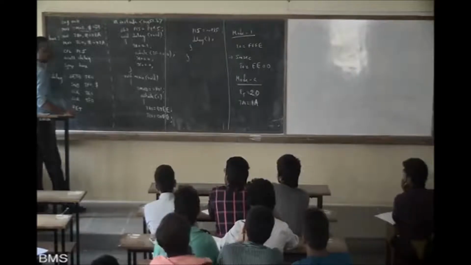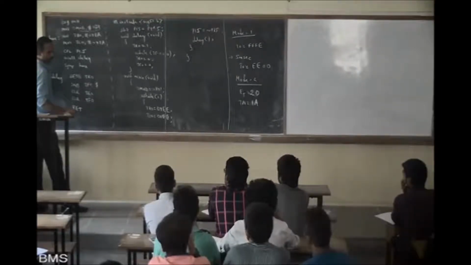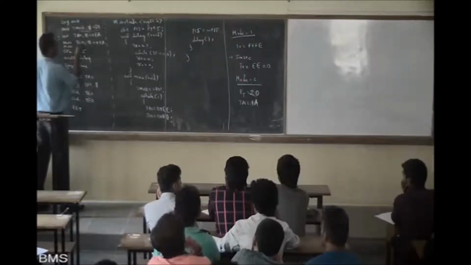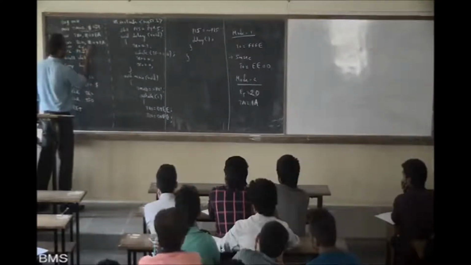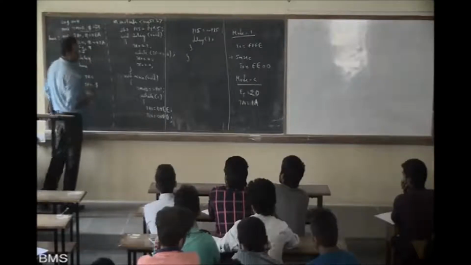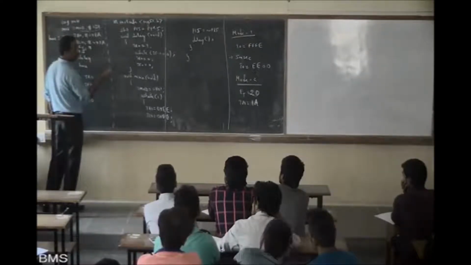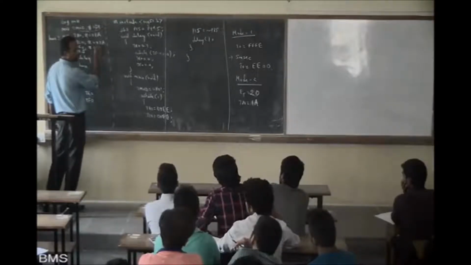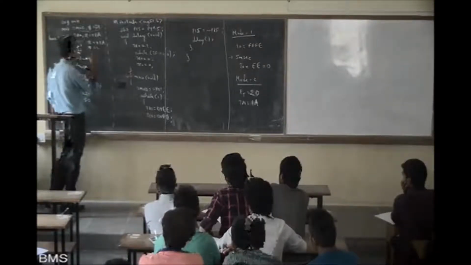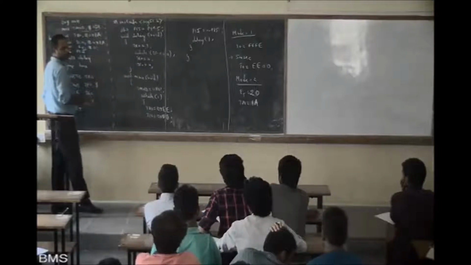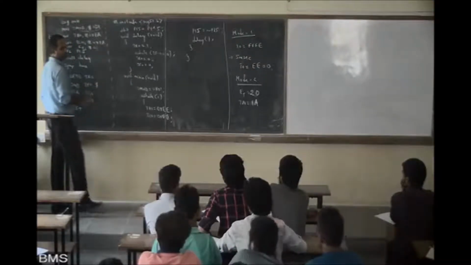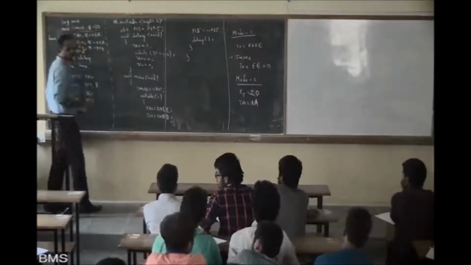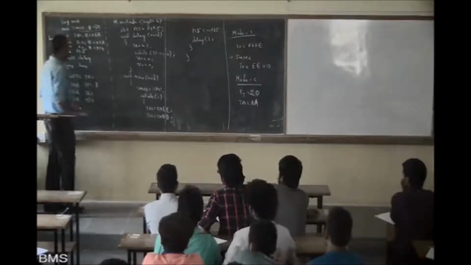Now what is the next thing I have to do? That is also important. MOV R5, #20, right? No, we'll do one thing. 20 is 14 in hex, so 0x14.